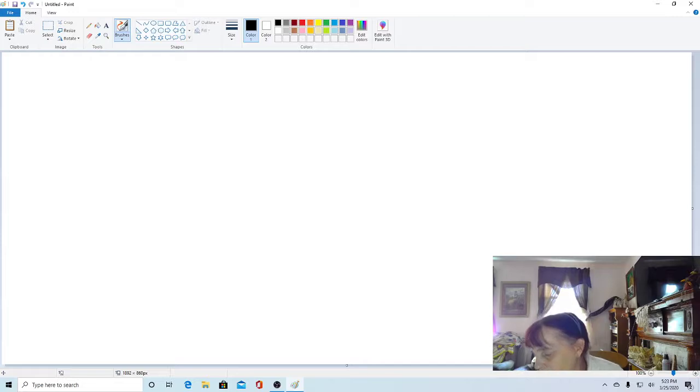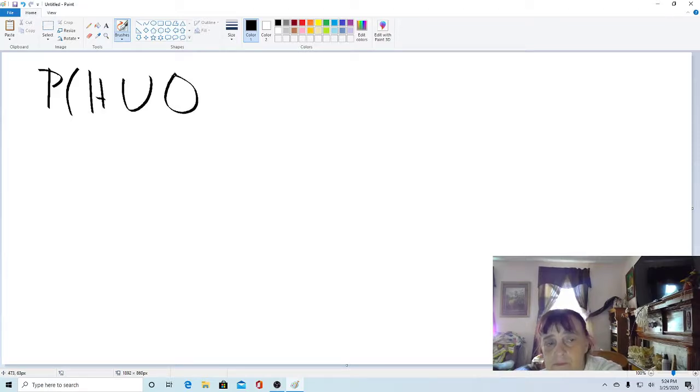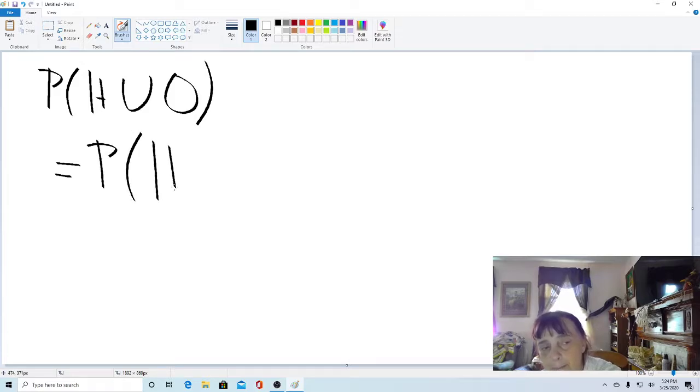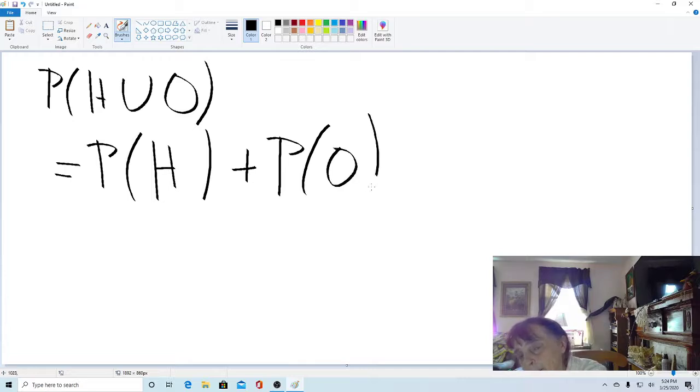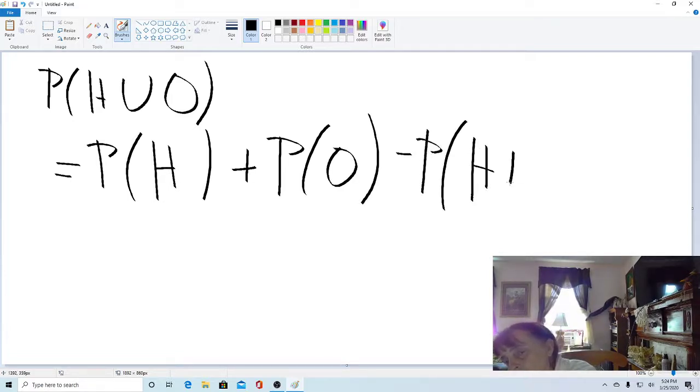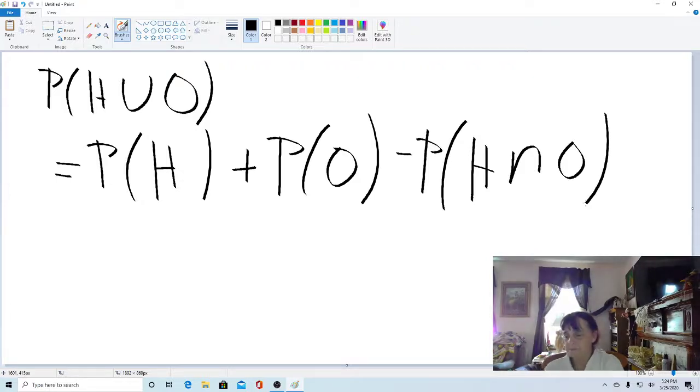Okay, the probability a head is flipped or an odd number is obtained is the probability of a head plus the probability of an odd number minus the probability of a head and an odd number. Probability of a head is 1/2.